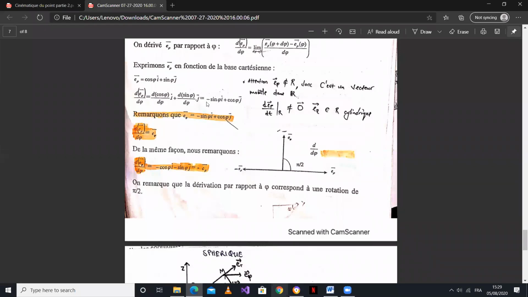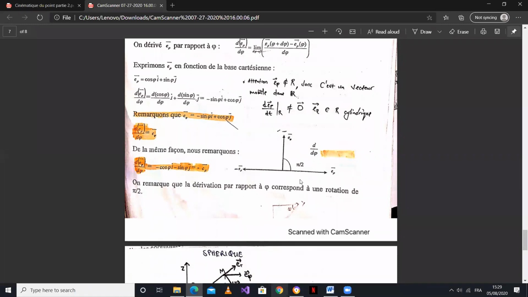And we remarked that this expression that we found after deriving e rho was equal to the expression for e phi. We finally concluded that d e rho par rapport à l'angle phi gives us the vector e phi. And then we generalize this rule. When we derive e rho par rapport à d phi, it's like a rotation of 90 degrees.